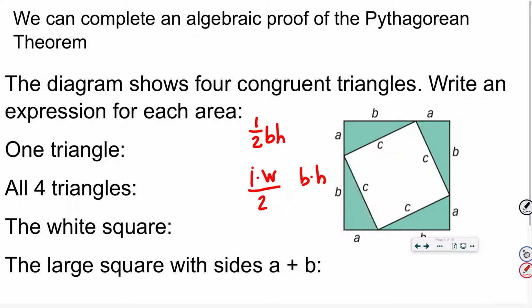So looking at this triangle here, we have a base of A and a height of B. What is the area of that one? If you told me I'm going to multiply the base times the height, what does that look like here if my base is A and my height is B?